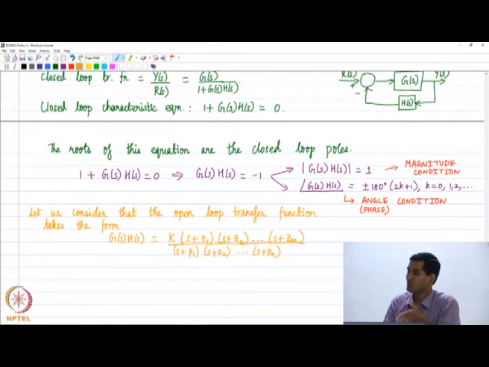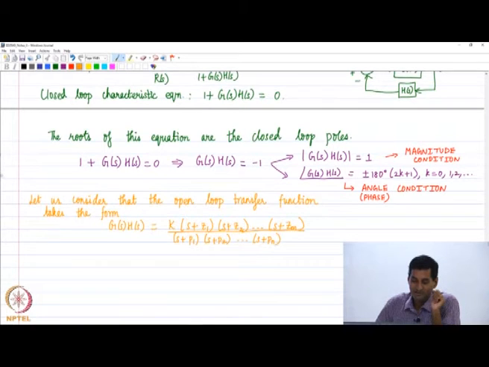I could have called it something else, but in most textbooks you will see this structure followed, so I don't want us to follow a different notation. Of course you see that I have factorized the denominator and the numerator polynomials. The numerator polynomial is of order m and the denominator polynomial is of order n. So that structure is something which we are still keeping.